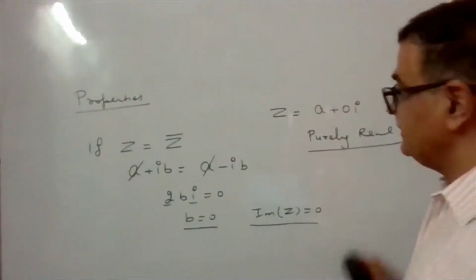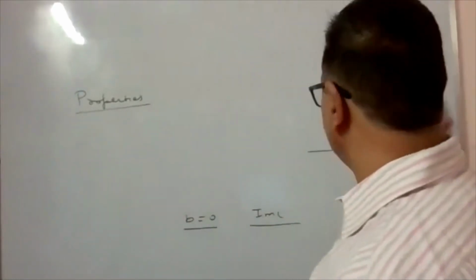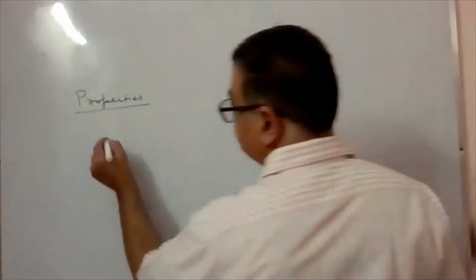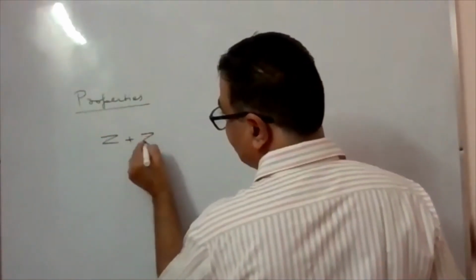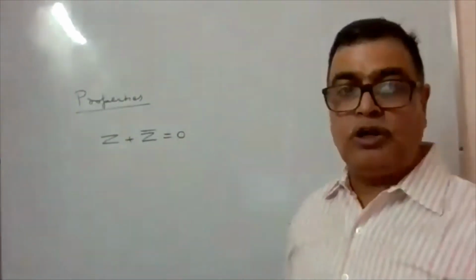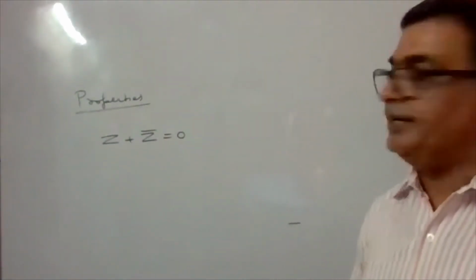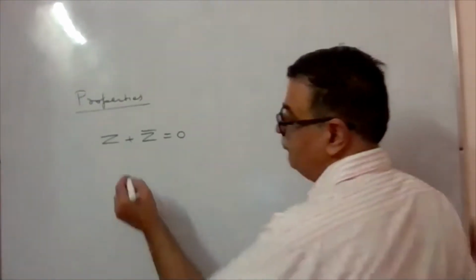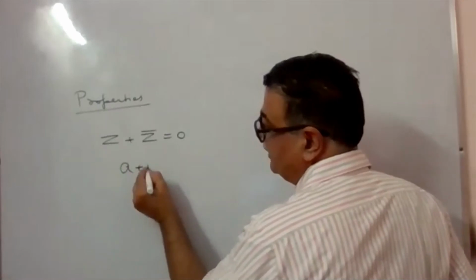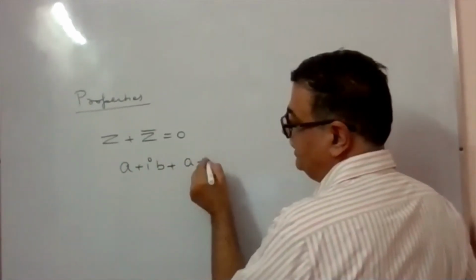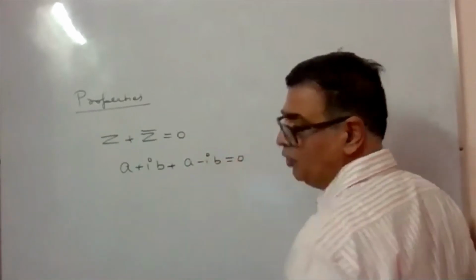Next property, please. If Z plus Z bar is 0, then what should you say about your Z? The real part of Z is 0. We will write this as A plus iota B, then A minus iota B, is coming 0.